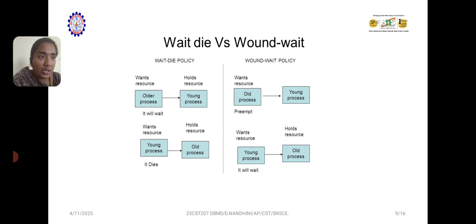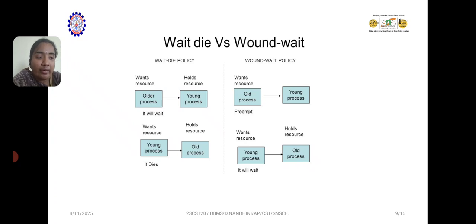In the second situation, older transaction A requests a resource held by younger transaction B. A is older, so it is allowed to wait until user B completes or releases the resources. After B completes, A gets the resource.